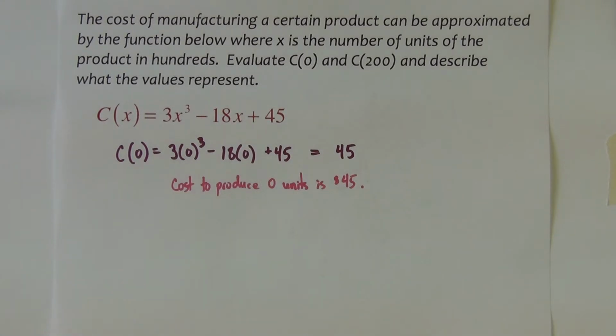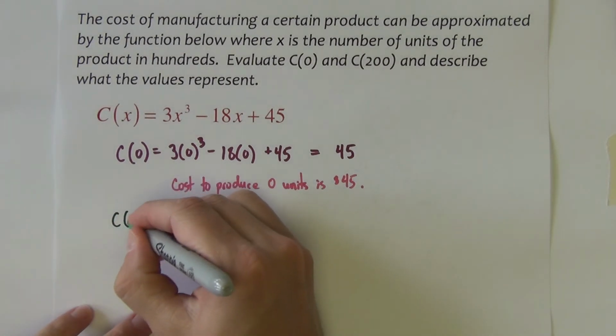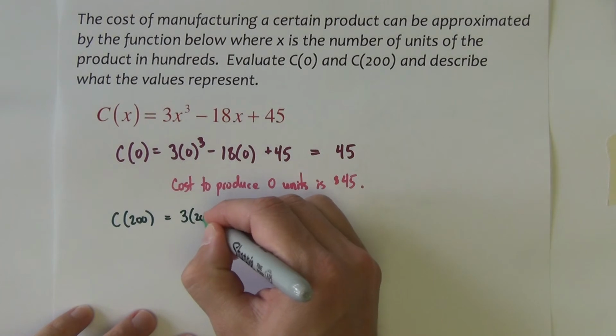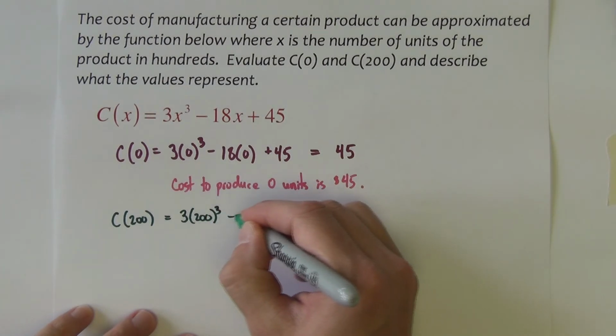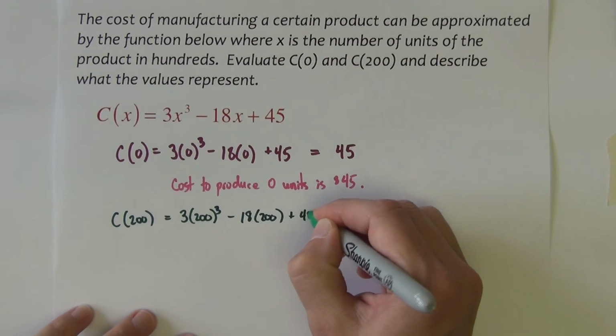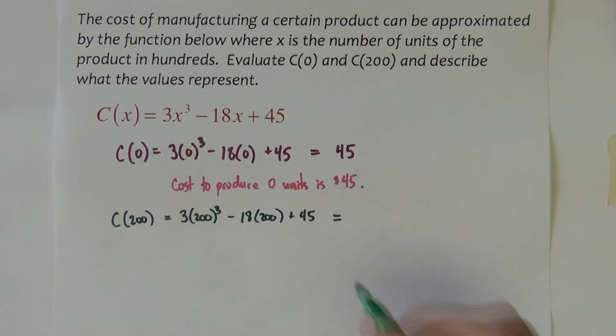Next example, or the next part of this problem, find C of 200. So I want 3 times 200 cubed minus 18 times 200 plus 45. I'm going to go ahead and take a moment and do this on the calculator, as the numbers are a little large.